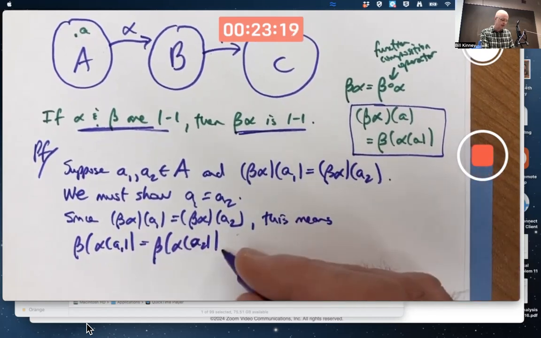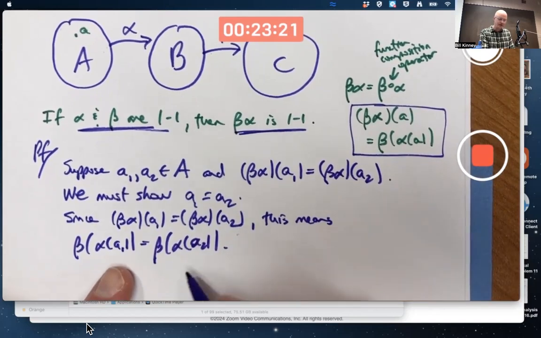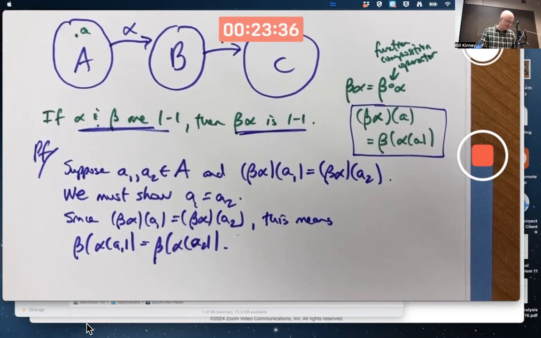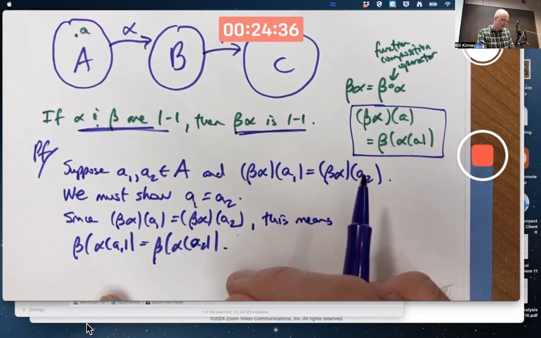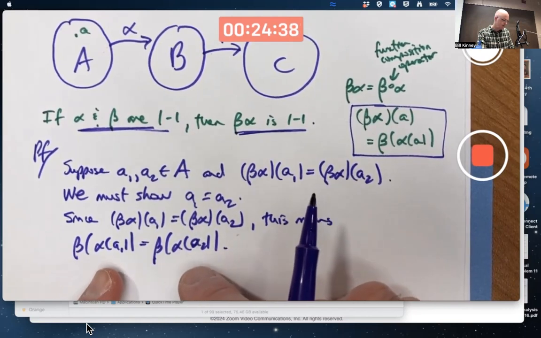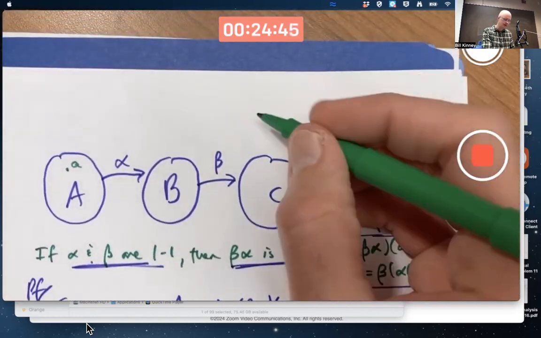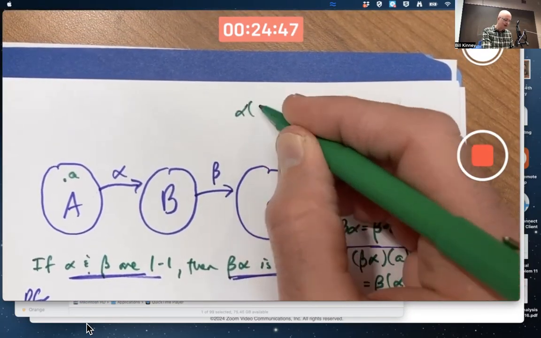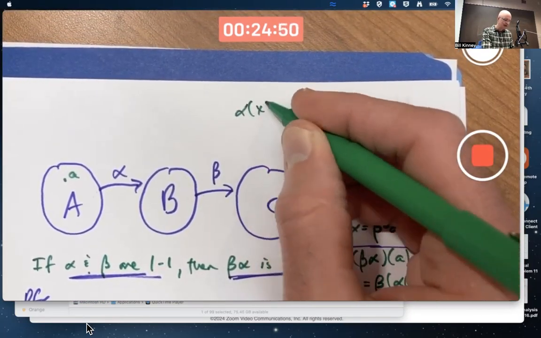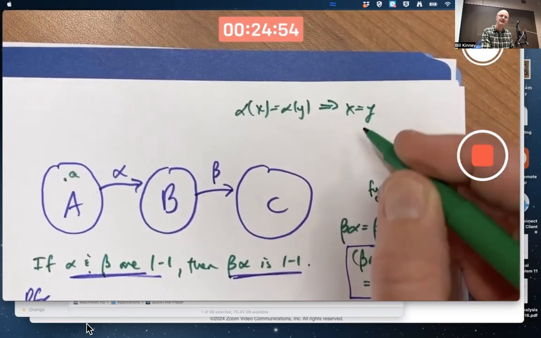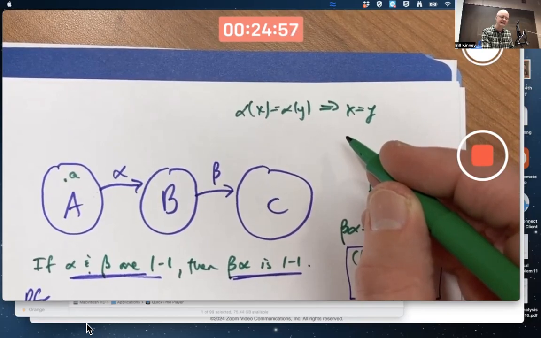Again, maybe a little bit of overkill, but it is important to at least write this somewhere. Should I use the fact that beta is 1-to-1 first, or the fact that alpha is 1-to-1 first? If we use the fact that alpha is 1-to-1, that assumption means, let me use different letters, that if alpha of x equals alpha of y, that implies x equals y. That's what the knowledge of alpha being 1-to-1 implies.